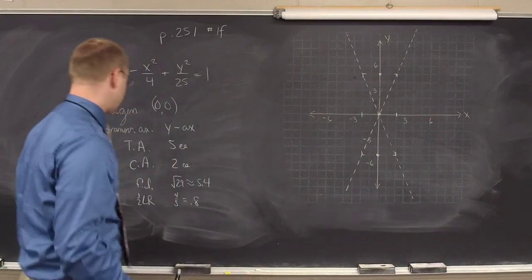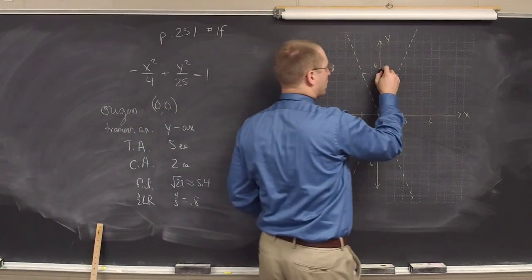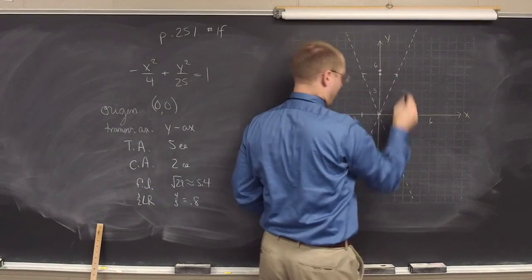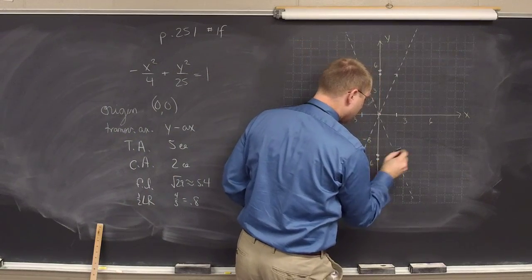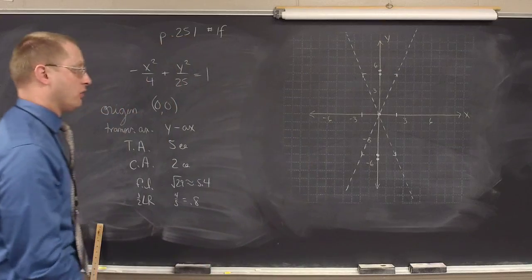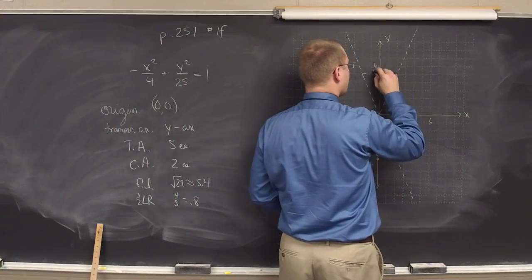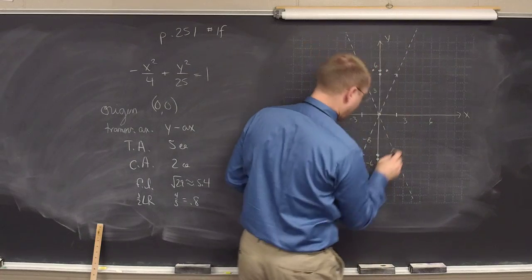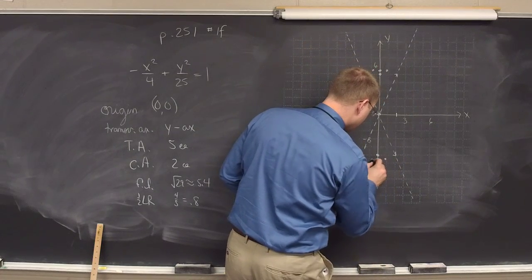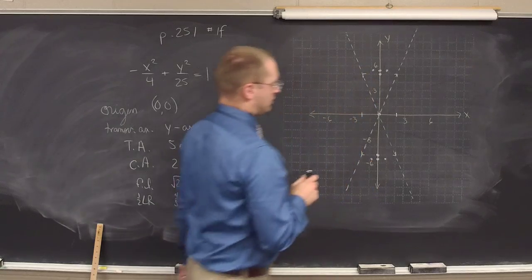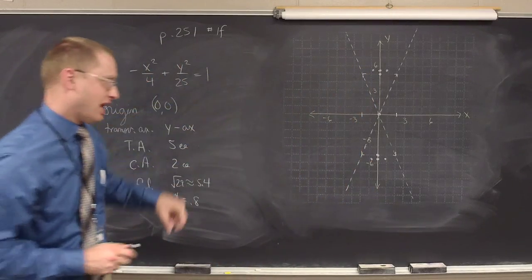All right, your foci at 5.4, so just about half a box past the vertices, and then out, not quite an entire box. So just these little triangles of dots here.